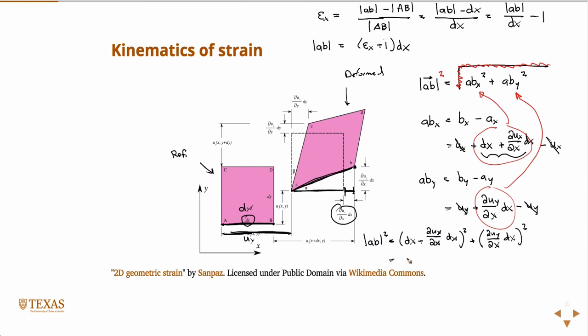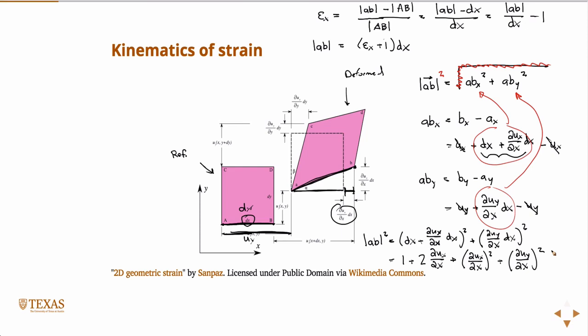And if you work it out, that evaluates to 1 plus 2 partial ux partial x plus partial ux partial x squared plus partial uy partial x squared.